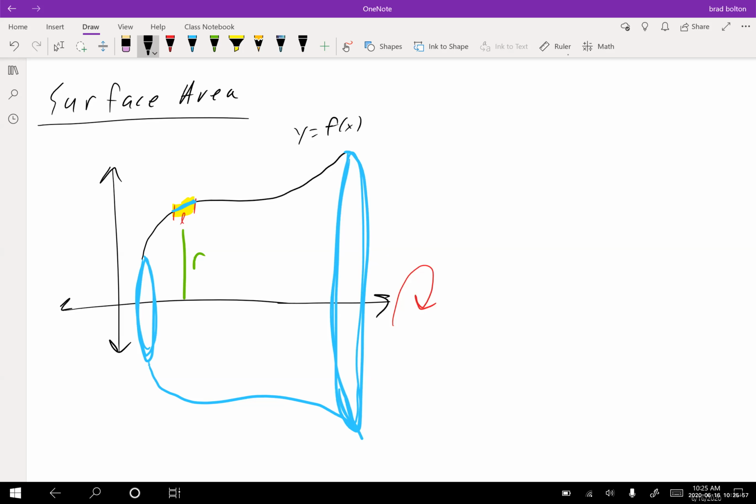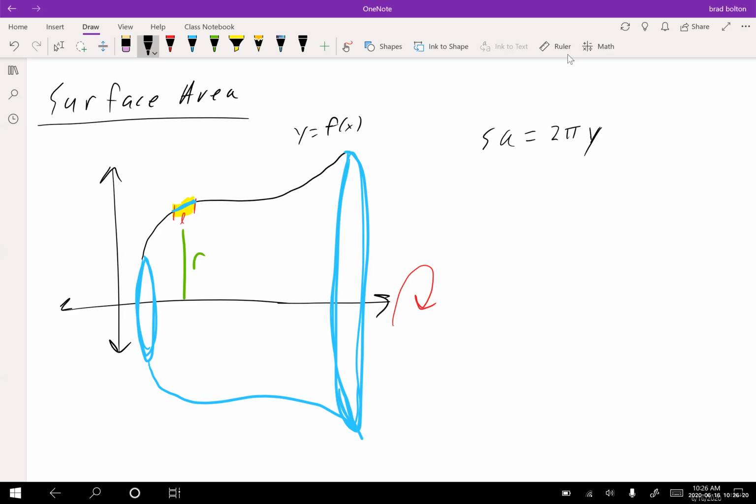So we're first going to talk about surface area, and that's going to be equal, for our little slice, to 2 pi times y, right?